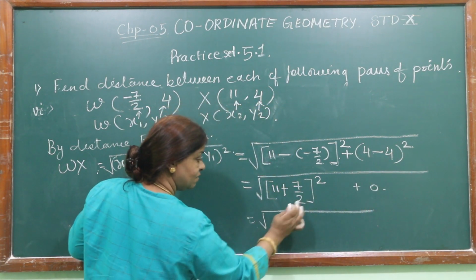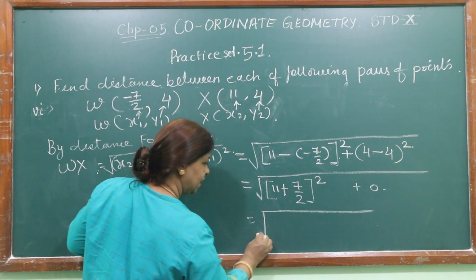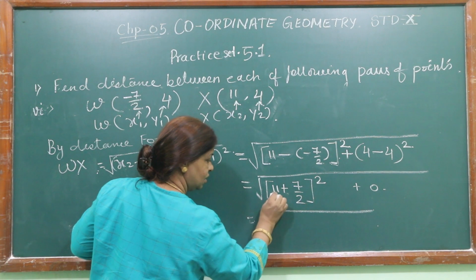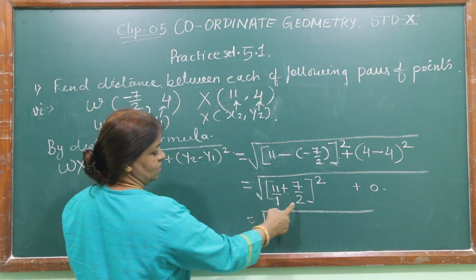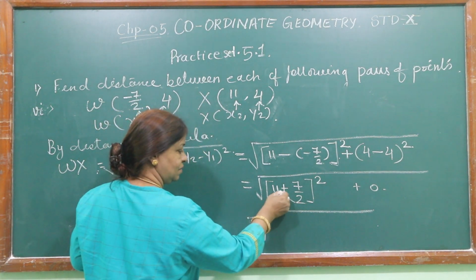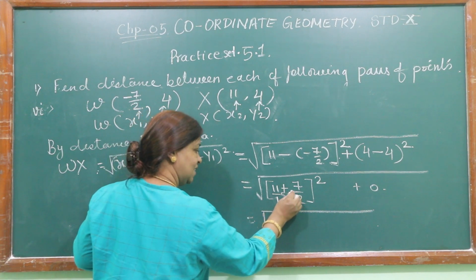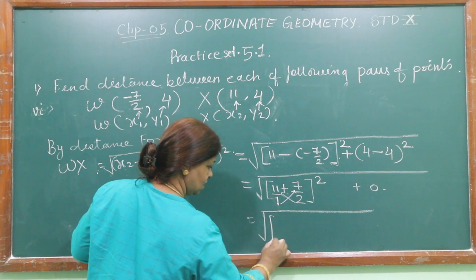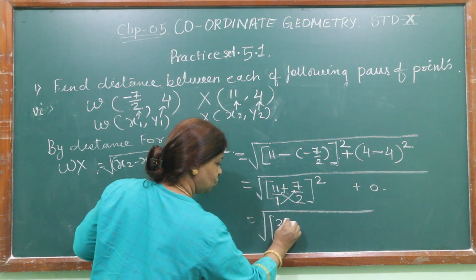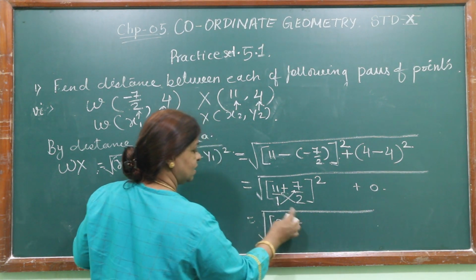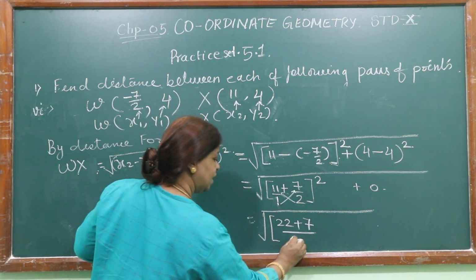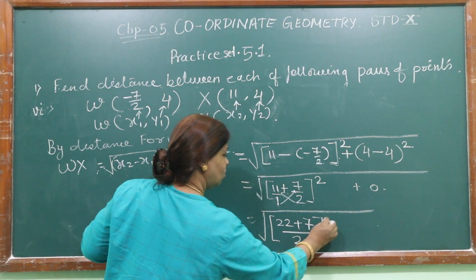Now 11 plus 7 upon 2, let me write here. It is a fraction here now, children. So upon 1 let me write. 2 will multiply with 11 and 1 will multiply with 7. 2 into 11 is 22 plus 1 into 7 is 7 upon 2 into 1 is 2 and the bracket close square.